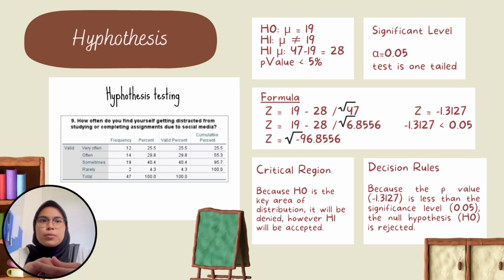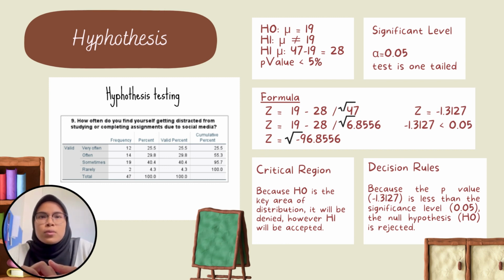In testing the hypothesis of our research, there are several elements, namely H0, which is the null hypothesis, and H1, which is the alternative hypothesis. Therefore, question 9 was chosen to make a testing hypothesis.